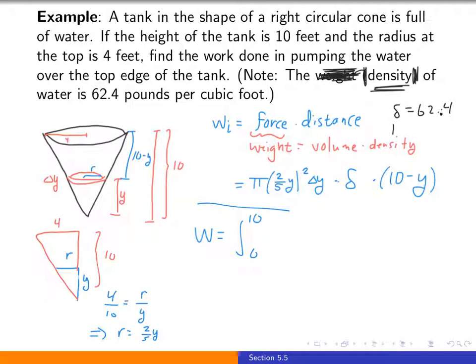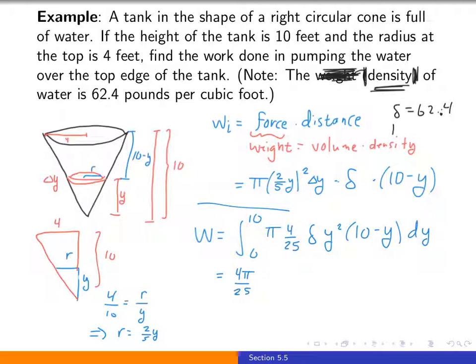So we're going to have pi multiplied by 2/5 squared, so 4 over 25, multiplied by delta. Those are all of our constants. Then the y squared, 10 minus y, and the delta y becomes a dy. So we pull those constants out, so 4 pi over 25.